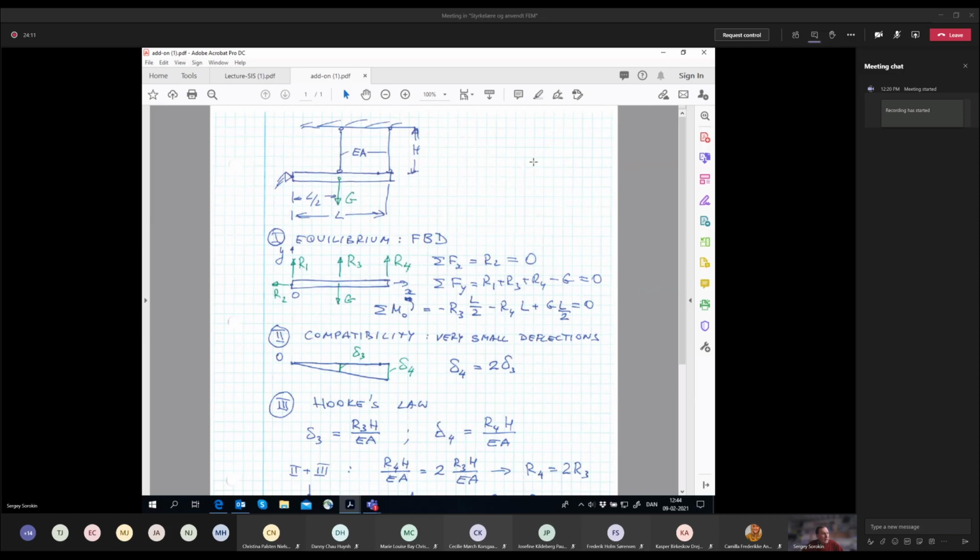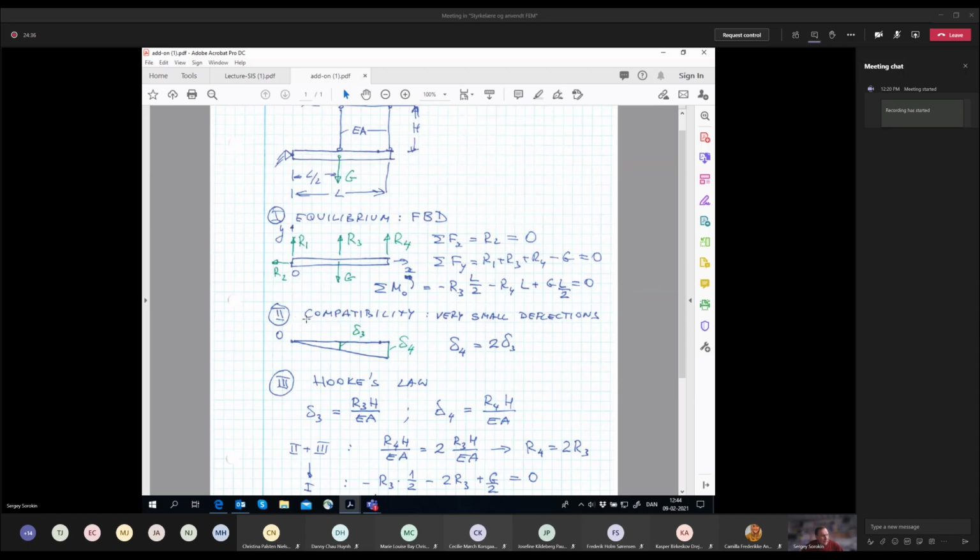So there are no deflections. So we just sketch this bar as absolutely horizontal. And it's horizontal here, and it's also horizontal here, so that we have this free body diagram. But then if we talk about compatibility, we say that the deflections are not 0, but are very small.